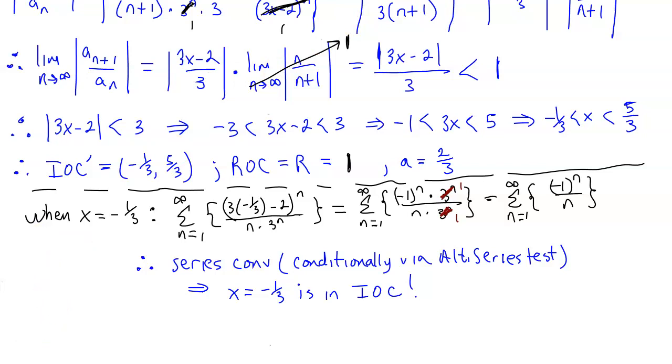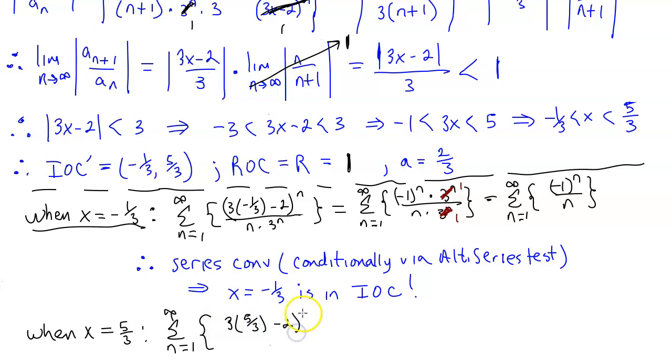Let's try that again. So here, when x is equal to 5/3, the corresponding series that we're going to get, plug this in, we'll have 3 times 5/3 minus 2, and all of that will be raised to the n over n times 3 raised to the n.